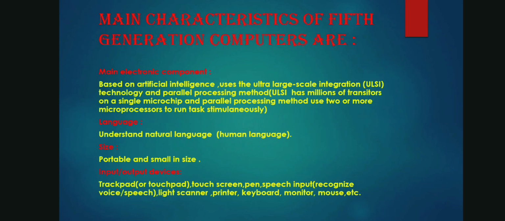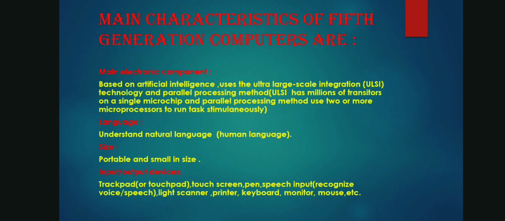Now, the main characteristics of the fifth generation of computers. Main electronic components: based on artificial intelligence, uses ultra large scale integration technology and parallel processing method. Languages: human languages are used in artificial intelligence based computers.